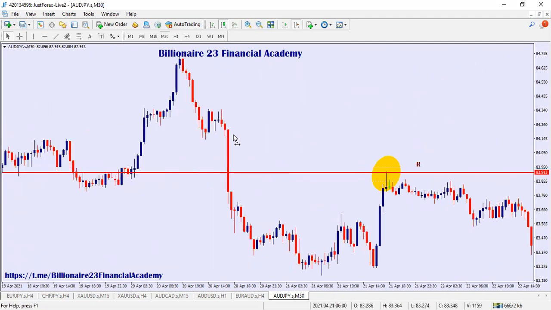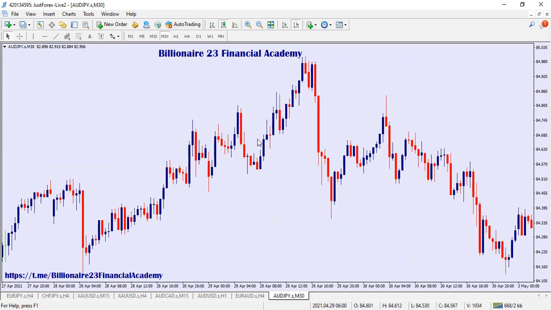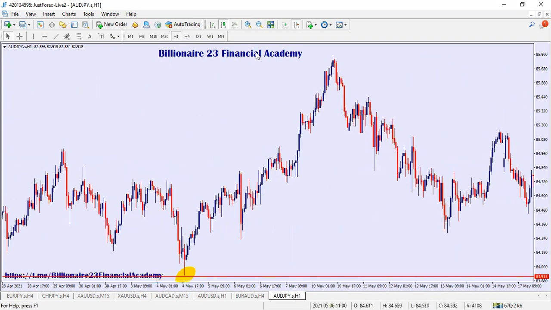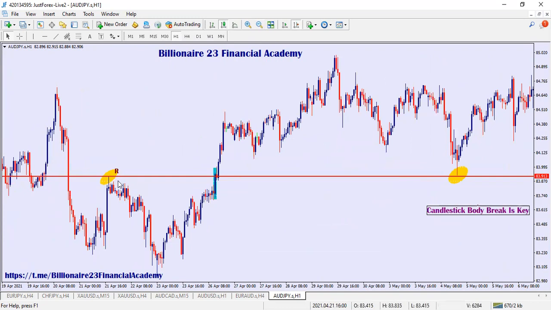Okay, on 30 minutes, it's still just one touch, which is okay, because what I'm showing you now is a different type of trading style. It's not pure resistance, it's resistance clean break support. But you'll understand it in video 2 or video 3. I'll try my best to simplify it and make sure it's easy to understand for everyone.